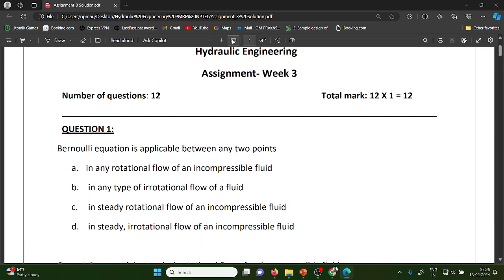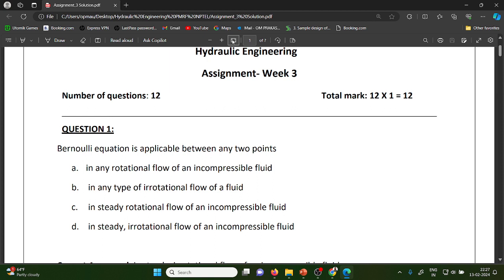So the first question is: the Bernoulli equation is applicable between any 2 points in any rotational flow of an incompressible fluid, in any type of irrotational flow of fluid, in steady rotational flow of an incompressible fluid, or in a steady irrotational flow of an incompressible fluid.